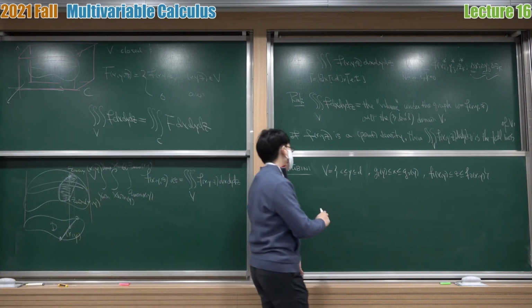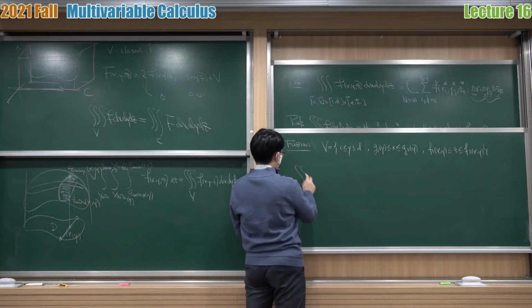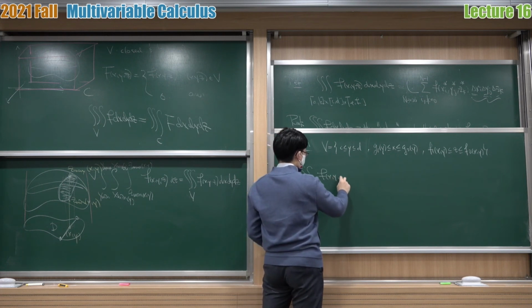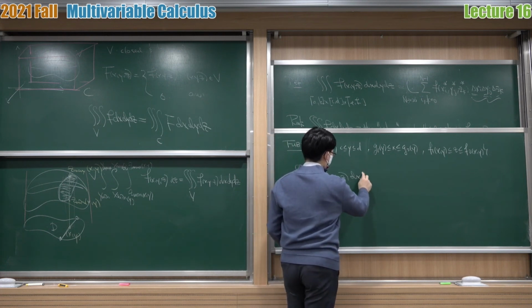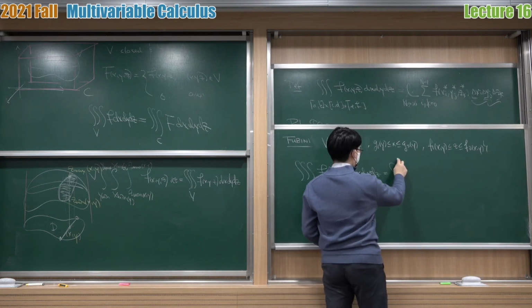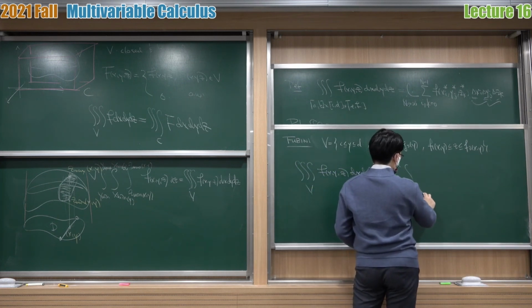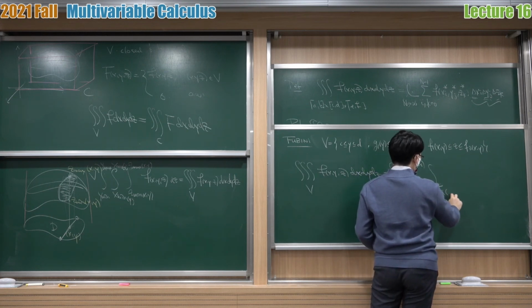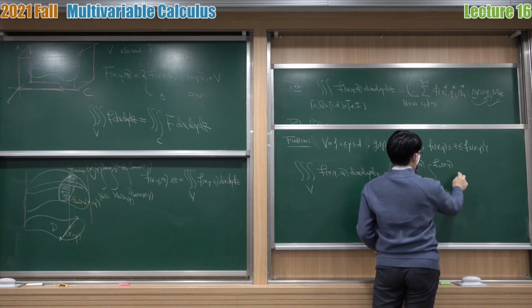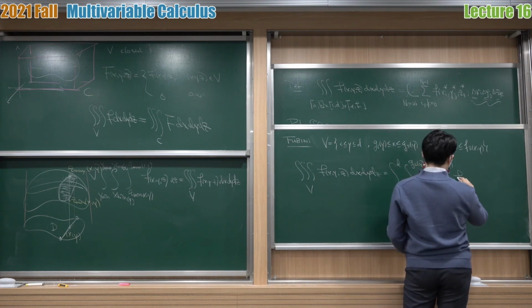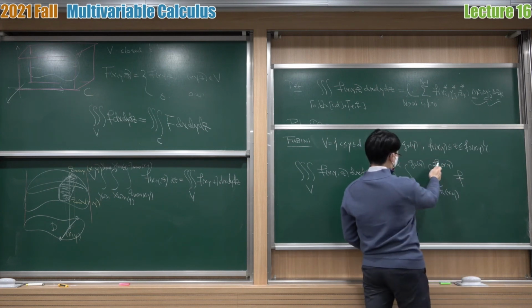Then the triple integral is equal to the integral from c to d, of g1(y) to g2(y), of f1(x,y) to f2(x,y), of F(x,y,z) dx dy dz. Oh, sorry. Well, I used the same letter F here, so this is different from f.